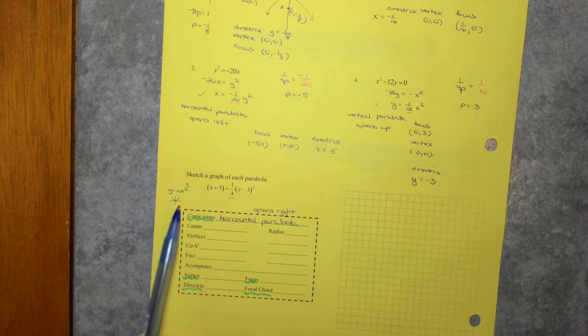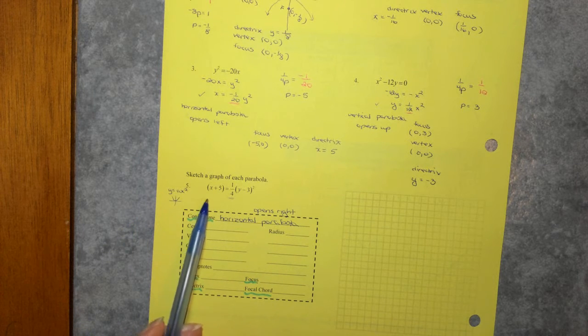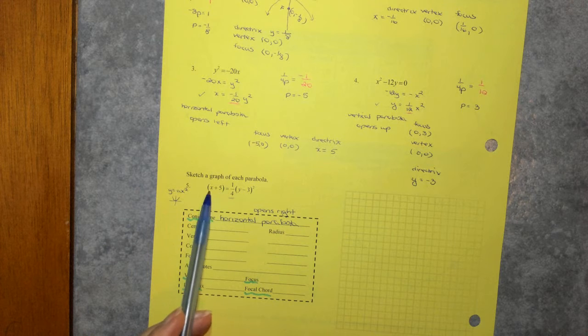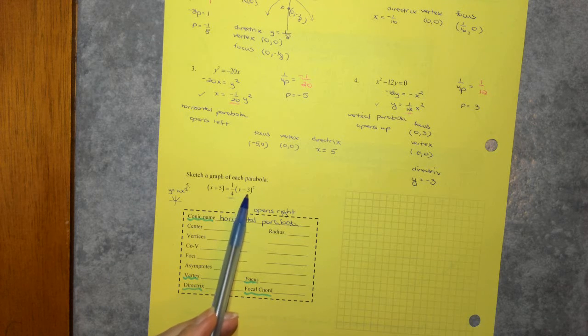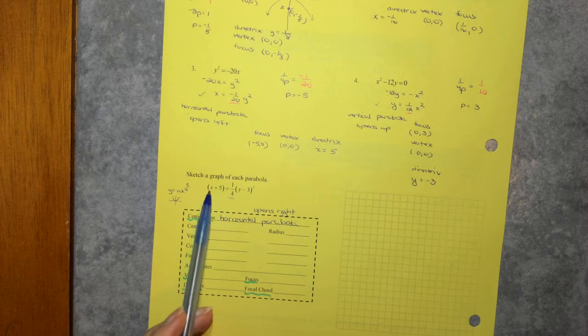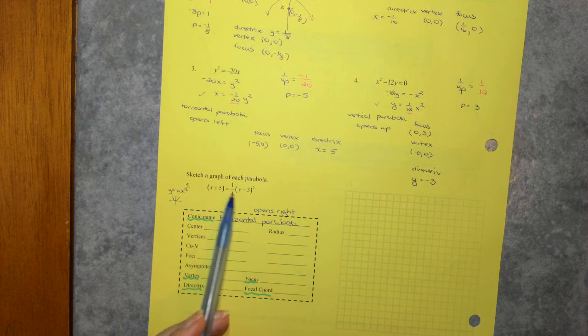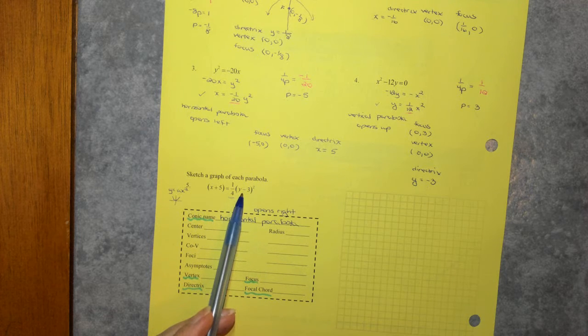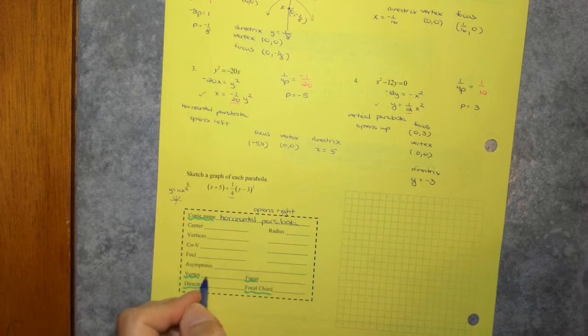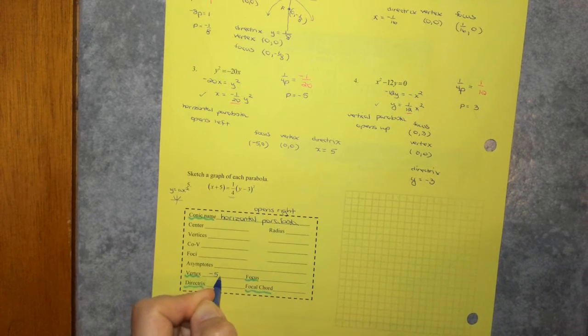Now, traditionally the movement has been missing from the previous examples so far. But if we connect it to the other conic shapes that we've seen, or any of the shifts that we've been doing since August, hopefully you're going to think that this is a shift left 5 and up 3, which is correct, and that represents our vertex.